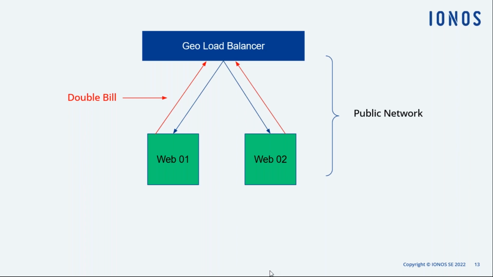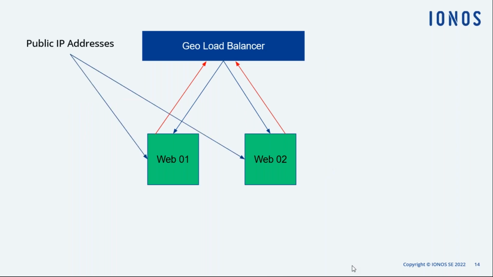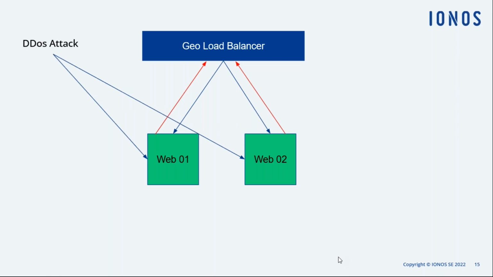But we're talking about security, right? So this is not the only thing that you need to be careful with. When you're using two standalone servers, you have to remember that those servers do have a public IP address. And having a public IP address, it doesn't matter how much firewall you put into place inside the web servers themselves, you are still susceptible to a DDoS attack, because the idea of a DDoS is not creating traffic against your web service, it is about creating traffic around your web service.